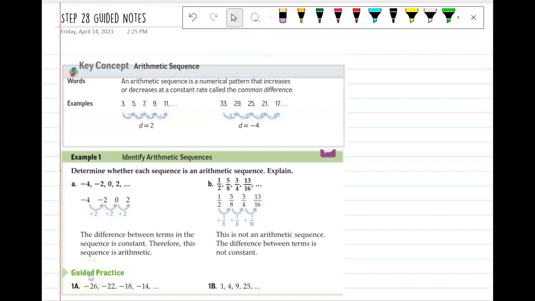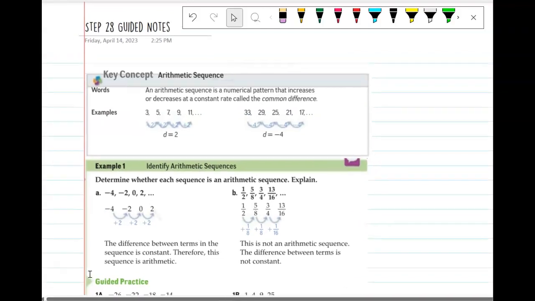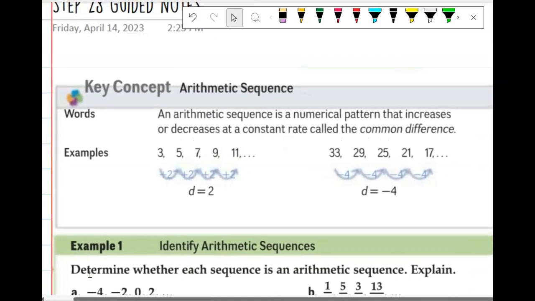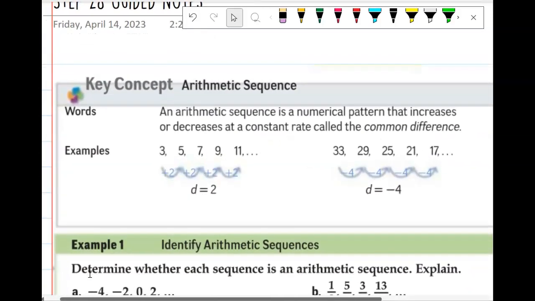The very last concept we're going to talk about this year in Algebra 1 is a concept called arithmetic sequences. You've actually already looked at sequences many times in the past where you have a series of numbers and your job is to find the pattern. How are we getting from 3 to 5 to 7 to 9, 11?